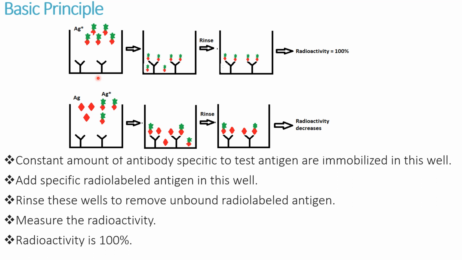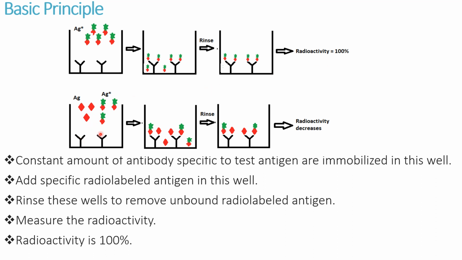They are immobilized in this well. Then add specific radio-labeled antigen in this well. These antigens will saturate all the antigen binding sites of antibody. Then rinse these wells to remove unbound radio-labeled antigen and measure the radioactivity. It would be maximum, that is 100%.